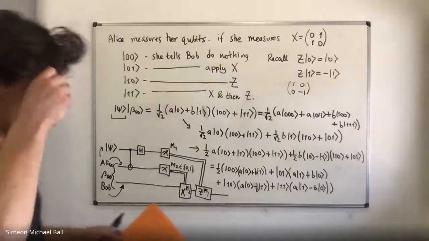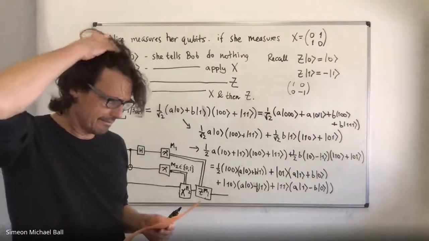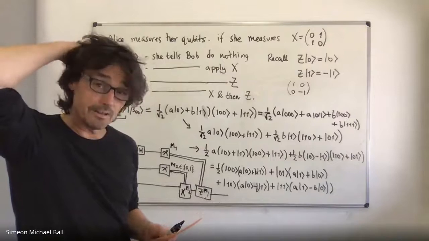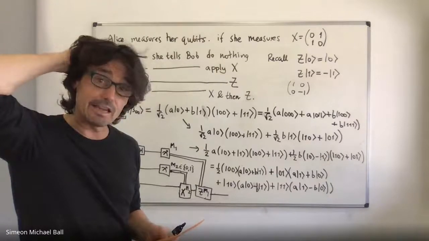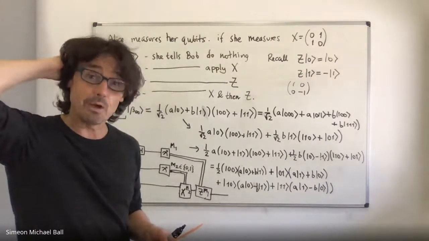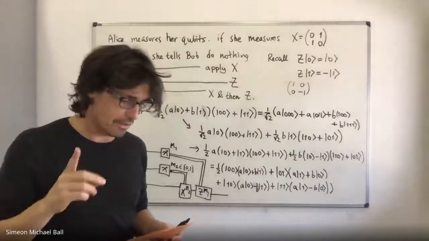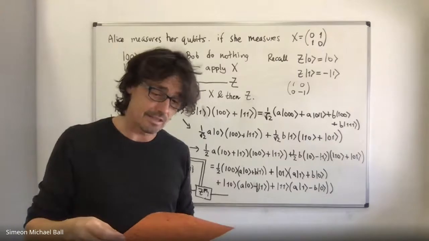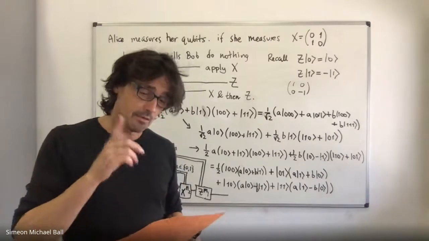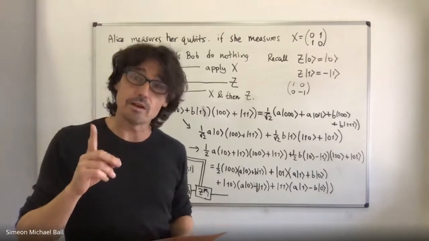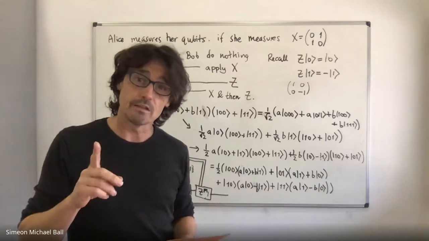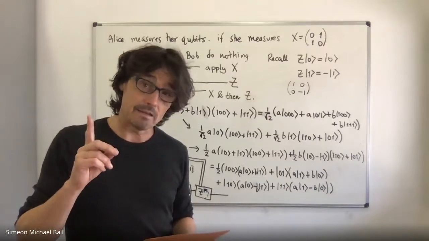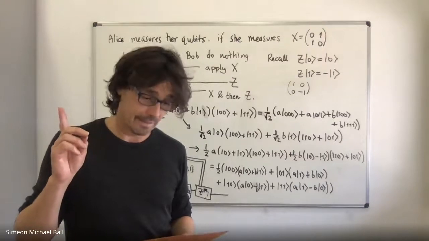Okay, so that's the only thing that's stopping it being faster than light. Now this seems like a little bit way out there, but this experiment apparently was successfully carried out in 2012. I'm just going to read this because I'm not sure I understand all the words. By the Austrian Academy of Sciences, teleporting a quantum bit over a distance of 143 kilometers from La Palma to Tenerife.